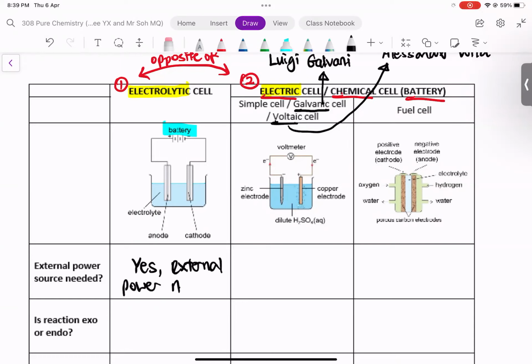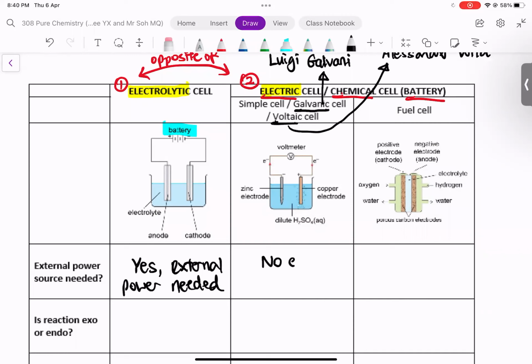for an electrolytic cell because a battery is connected. You will see a battery in the circuit for an electrolytic cell. And that's how you identify electrolysis. Electrolysis is identified because you can see a battery connected in the circuit. And so for electric cells, they are the opposite.